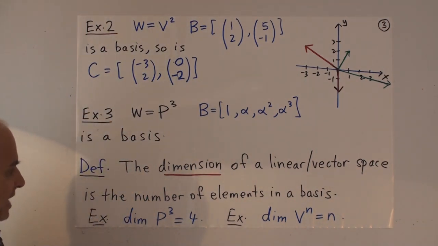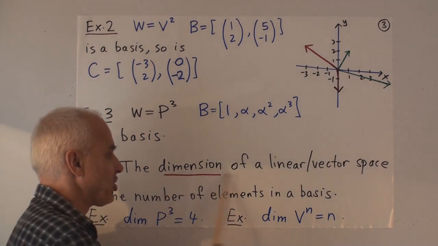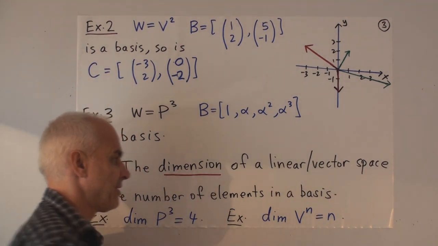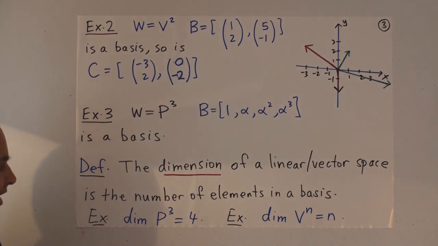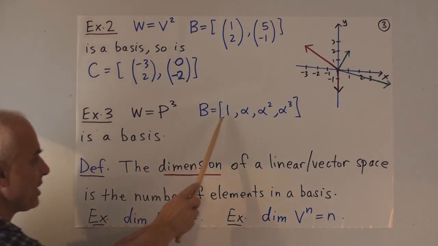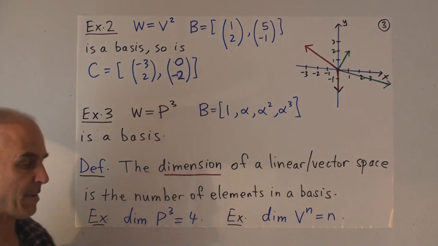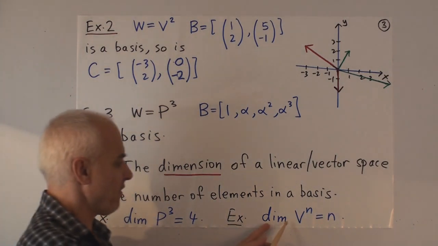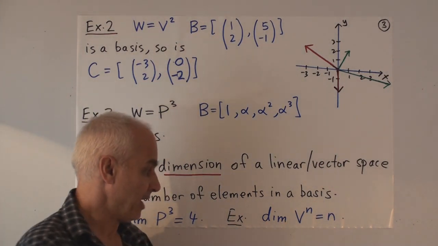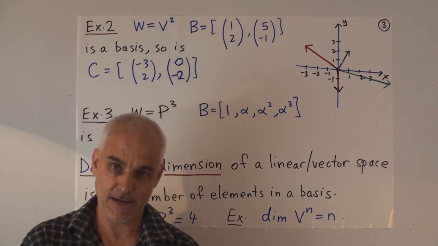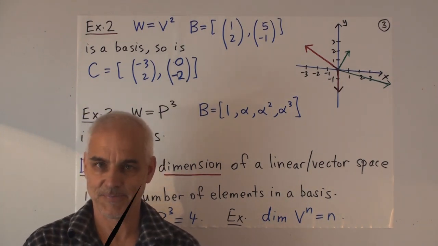Okay, once we've got the idea of a basis, we can talk about the dimension of a linear space or a vector space. The dimension is just the number of elements in a basis. So for example, the dimension of P3 is 4 because there are 4 elements in the basis. The dimension of Vn is n because there are n elements in a basis for that.